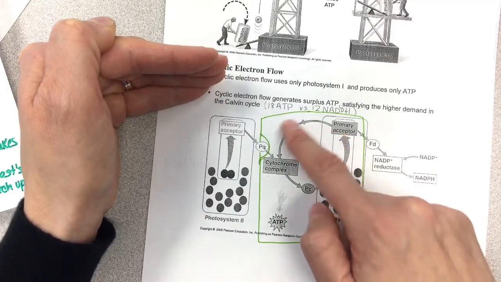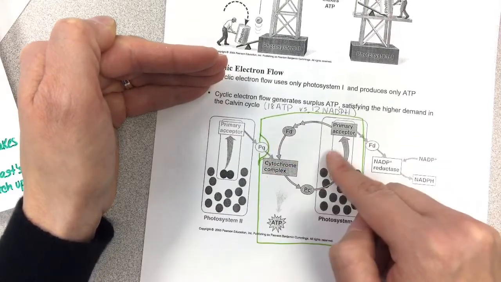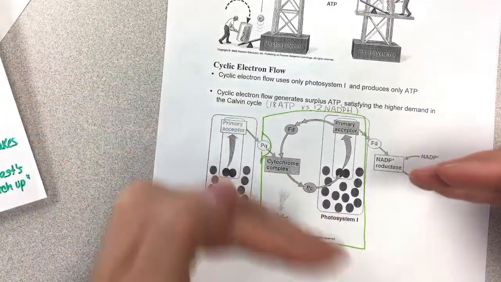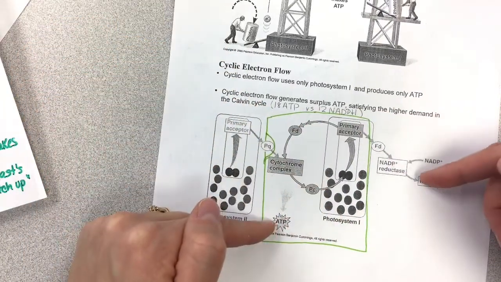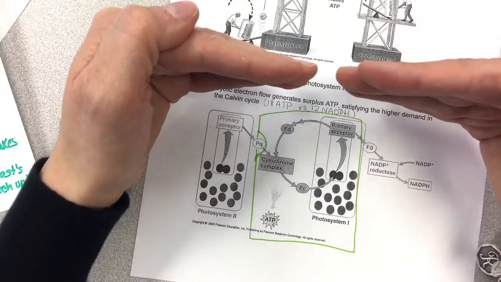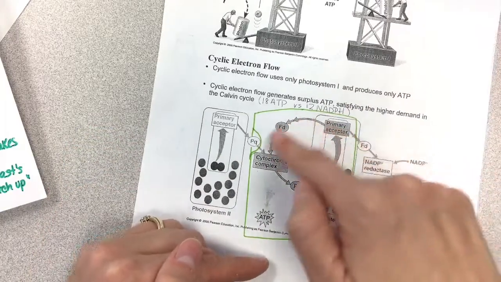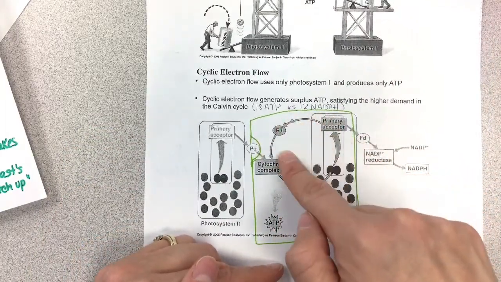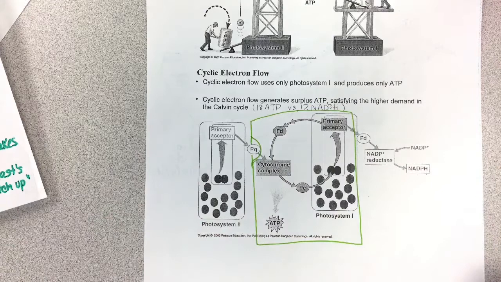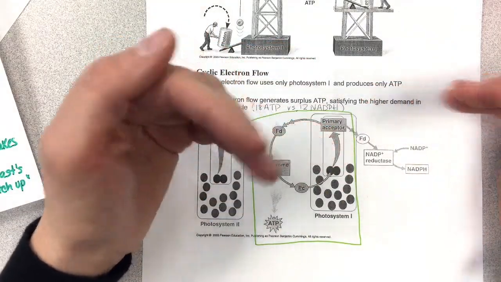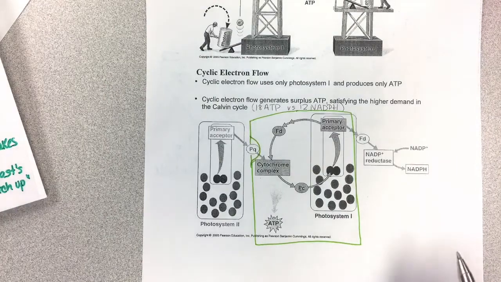So then instead of coming over here and going through the cycle, it'll start to go to NADPH and do non-cyclic again and make them in a 1-to-1 ratio, ATP and NADPH, and then they go to the Calvin cycle, it starts using ATP more, then it'll flip back to the cyclic electron flow, and so on and so forth. So it keeps on oscillating back and forth from cyclic to non-cyclic electron flow to catch up and make more ATP than NADPH because they're used in unequal amounts.